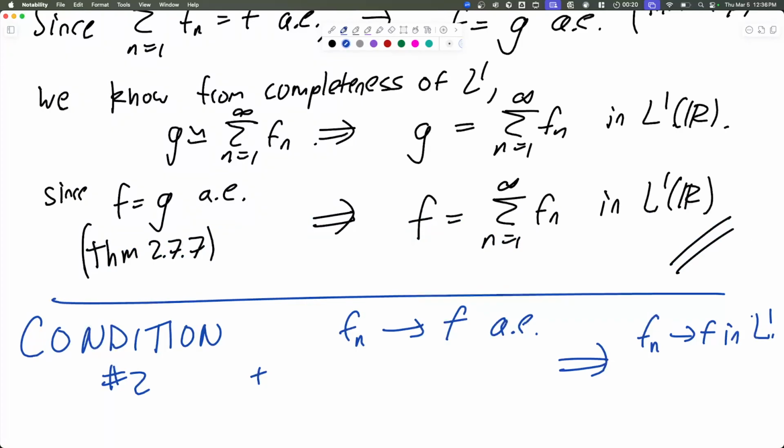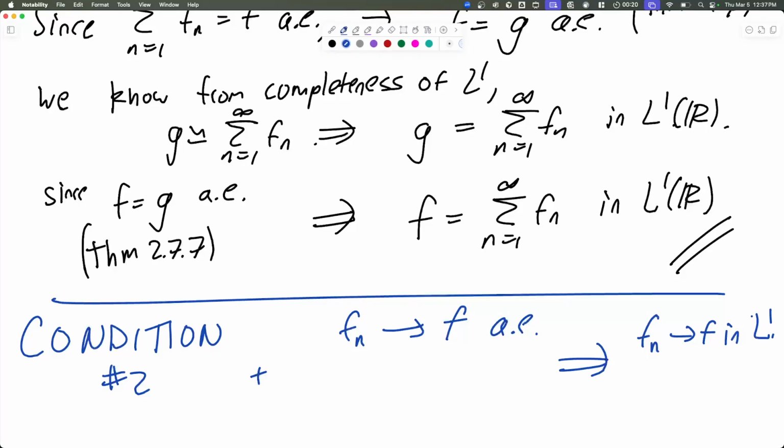And we need something else. So absolute summability is one kind of thing we can have. Another kind of thing we can have is this condition. This is one we had kind of early on in the course. Fn is not only going to F almost everywhere, but it's going to F almost everywhere in a, quote, nice way.